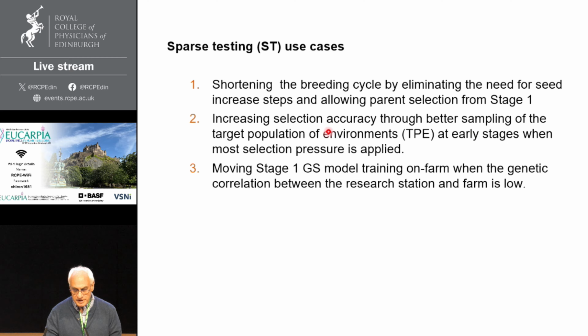As a consequence, we don't know much about this, but it's possible that the genetic correlation between performance on the research station and effects estimated on farm is low. So we can use sparse testing on farm to deal with that problem.